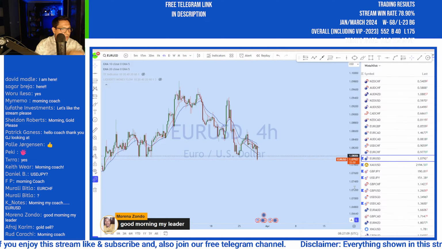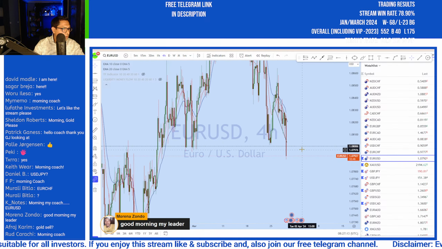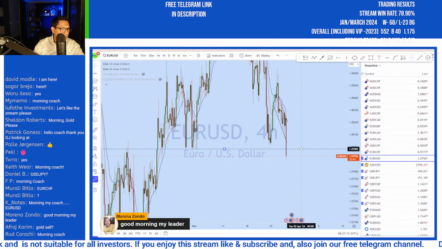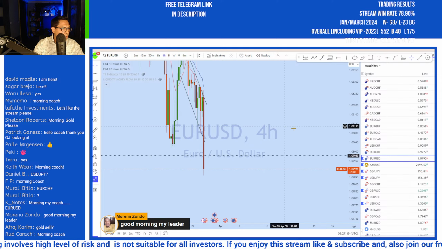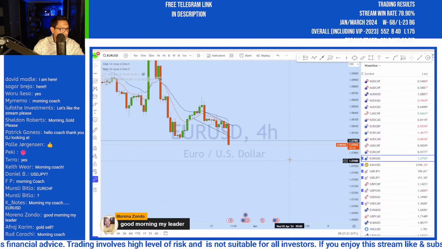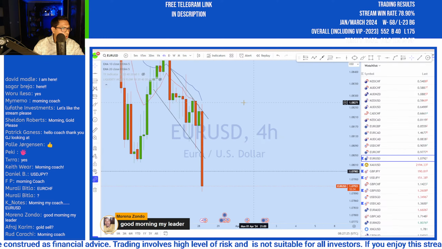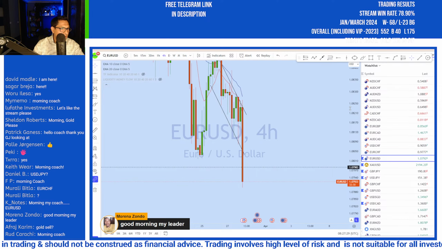So this is a complete break of support on euro dollar. From this support, the price is completely broken. So we might see a candle close below. If we see that candle close below, now this 4-hour candle also has the liquidity component in it. We have seen multiple liquidity grabs.